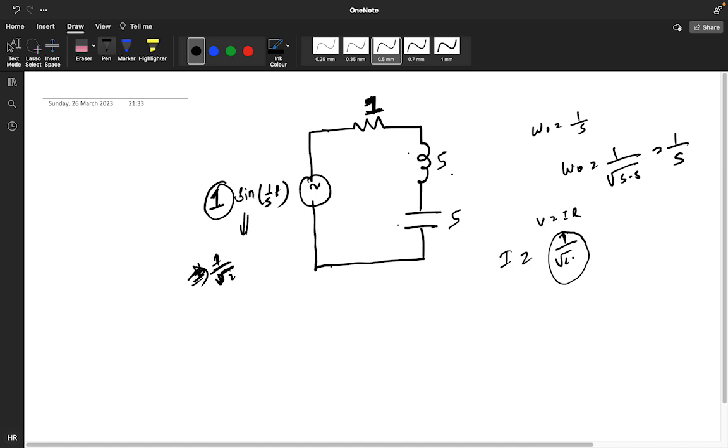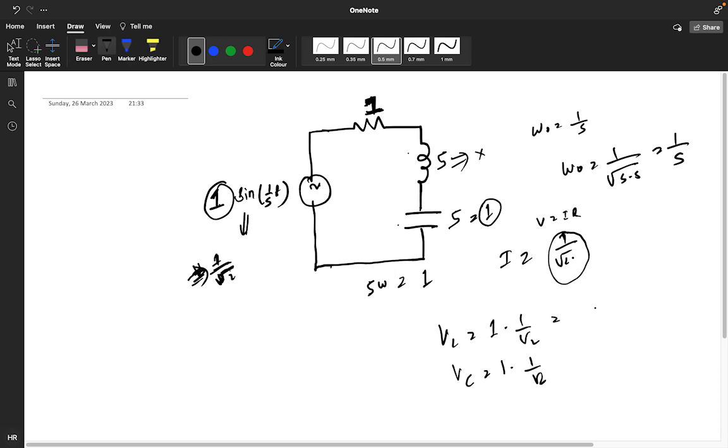Now if you substitute this in here, so 5 omega, you will get how much? This will be 1. And current is 1 by root 2, so VL is 1 into 1 by root 2, and VC is 1 into 1 by root 2.